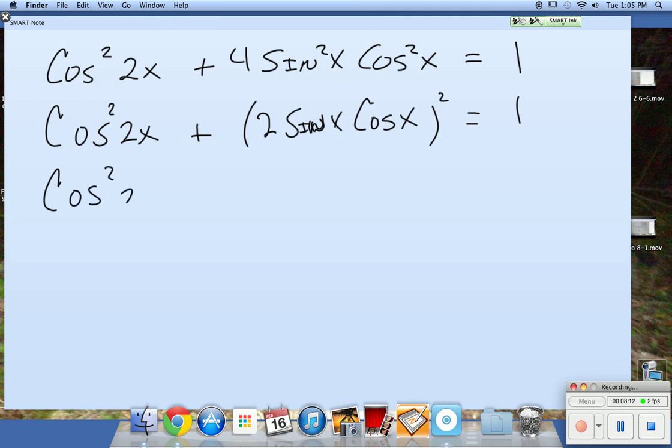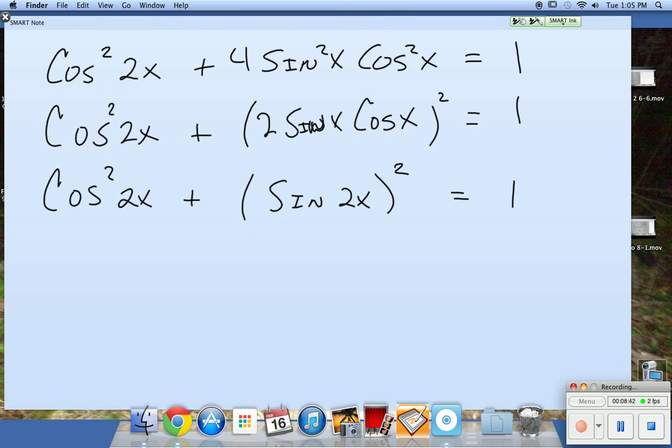Cosine squared 2x plus sine squared 2x. Actually, let's do this so you understand what I'm doing. Sine 2x squared equals 1. I just replaced my 2 sine x cosine x with sine 2x. Now we just prove that.